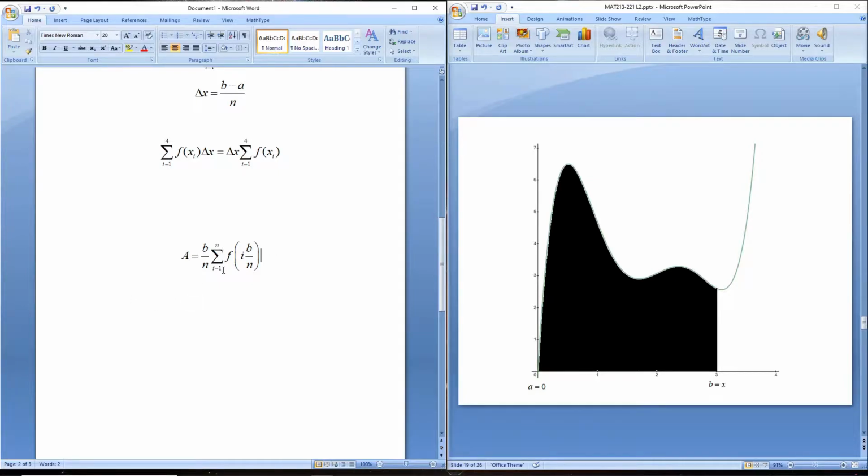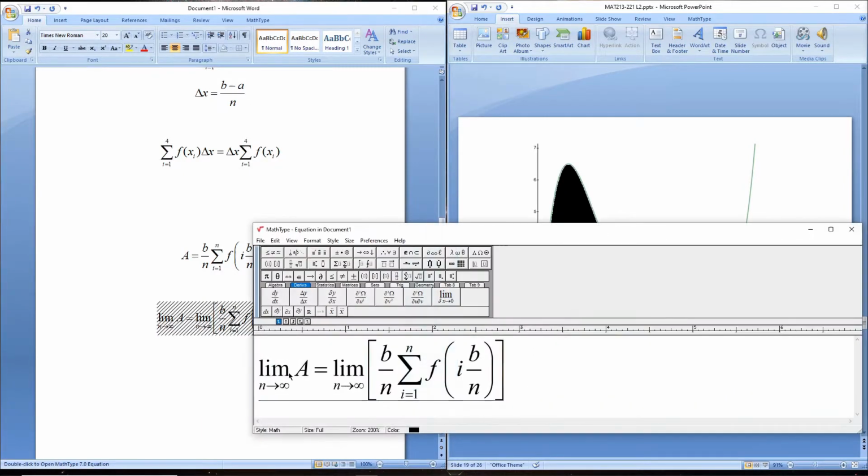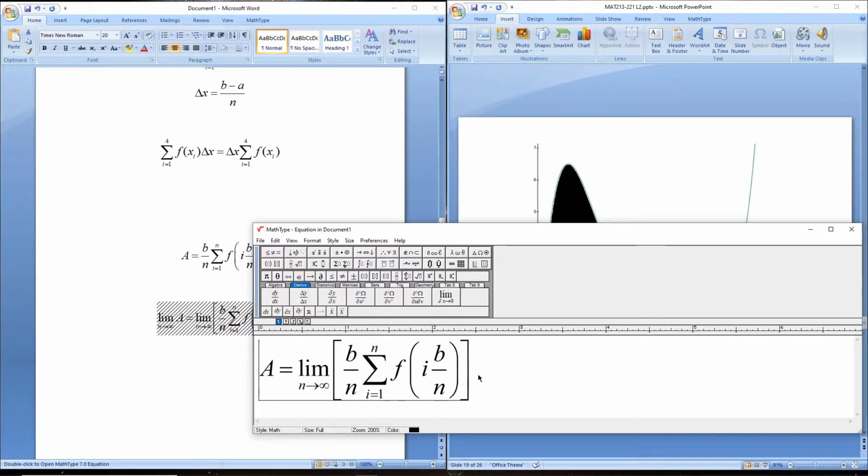This is still algebra though, so what we're going to do is take the limit of both sides so we can bring this into the realm of calculus. Now the limit of a constant is always that constant, so the left side is easy enough.